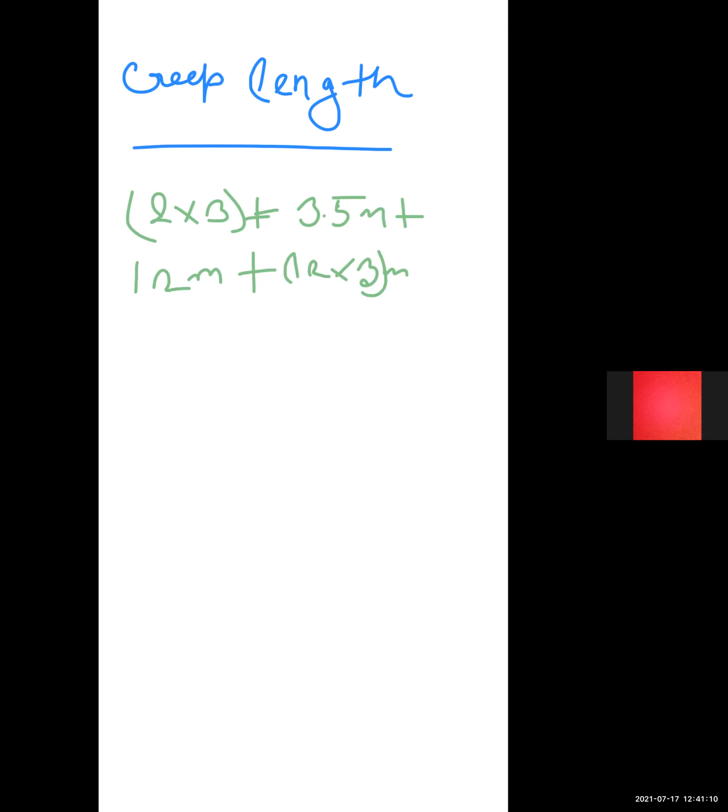Okay. So this is total how much? 6 plus 3.5 plus 12 plus 6. So this is total 27.5 meter. This is the creep length.